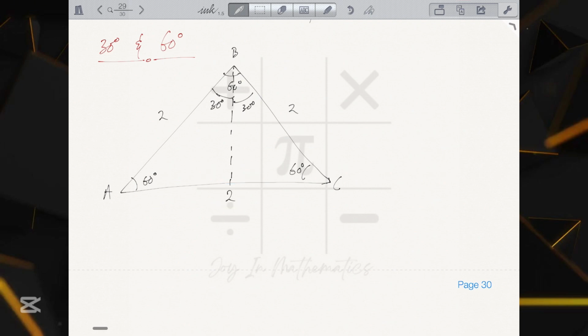So this will be 1 and also this will be 1. So I can say that the total length is 2.